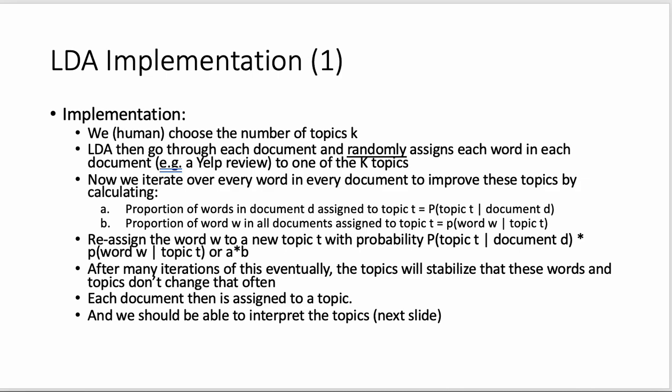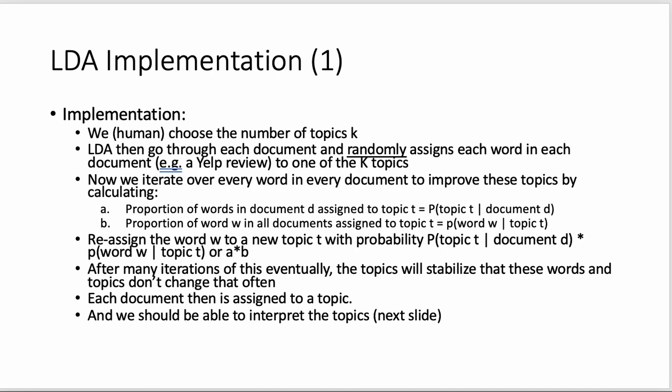And then we're going to reassign W to a new topic, where we choose topic T with the probability of topic T given the document, times the probability of word W given topic T. So essentially, this probability that topic T generated the word W is what we want.